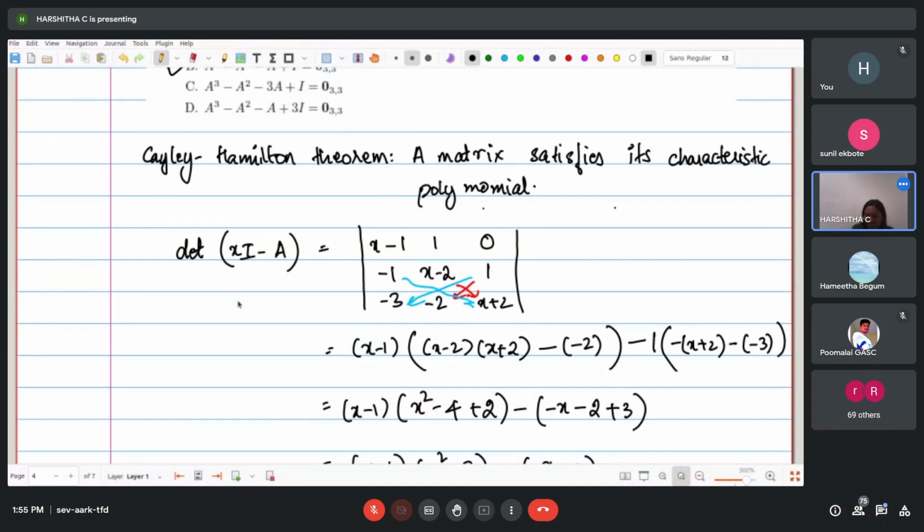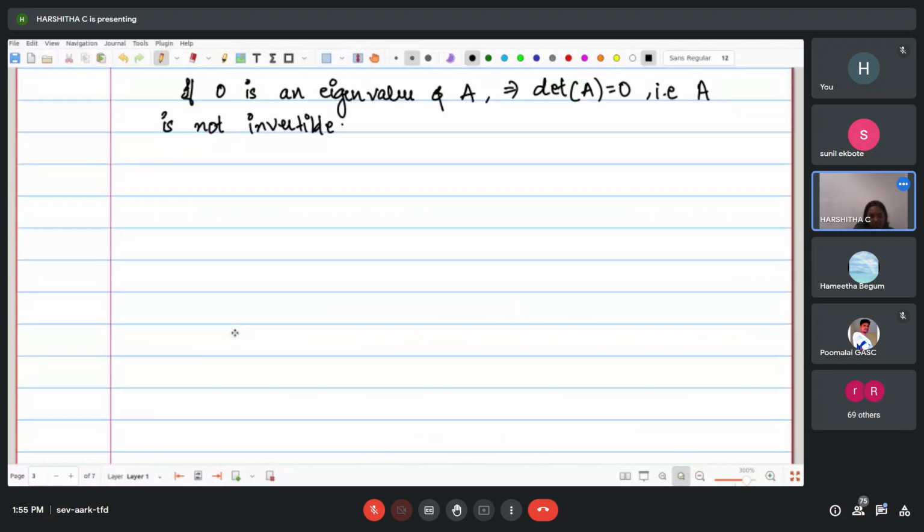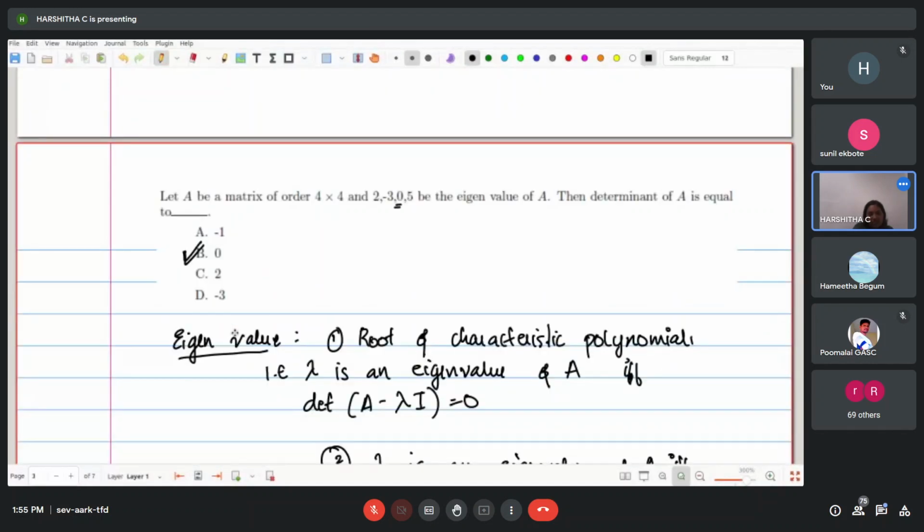If you are given the eigenvalues, you can write out the characteristic polynomial. Like you go back to this question. Here you don't know what the matrix is. But can you tell me what the characteristic polynomial is, just by looking at the data that we are given?